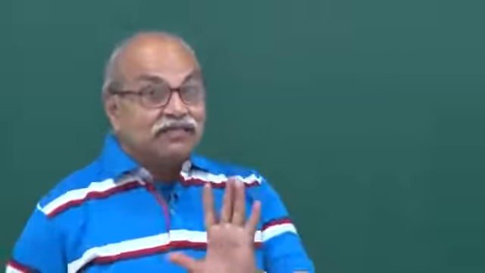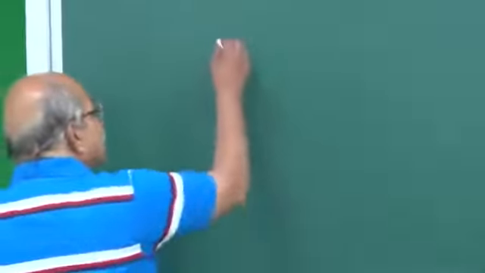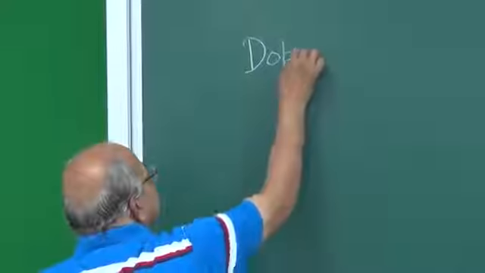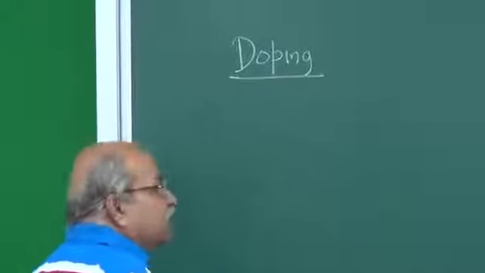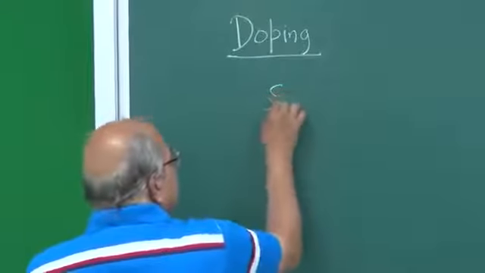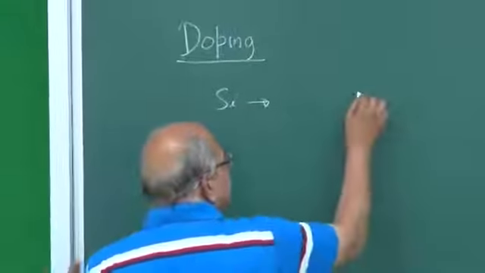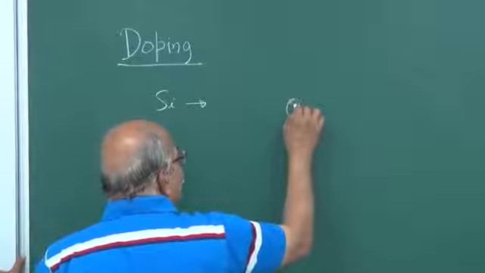So the first and foremost thing is doping. Very, very important. Doping. So again, taking silicon as an example, pure silicon, as you know, you have that tetrahedral structure and covalent bonding.